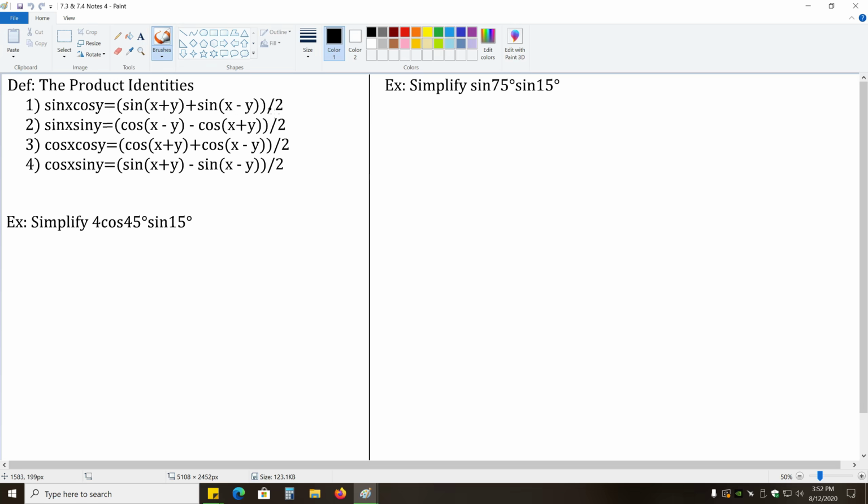So just to be clear, I know this notation is a little bit tricky to see, but this 2 is technically under all of this, like this. With that, all of the other three formulas are very similar. Just if you're given two sines being multiplied or two cosines, or if you start with cosine and then end with sine.